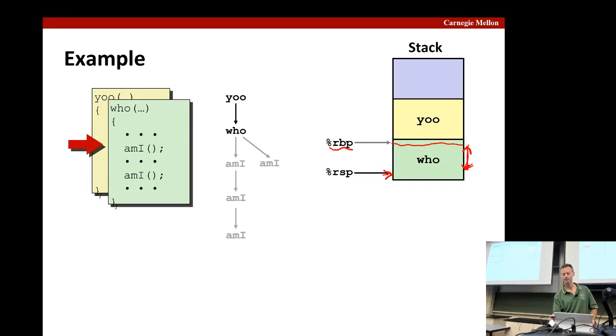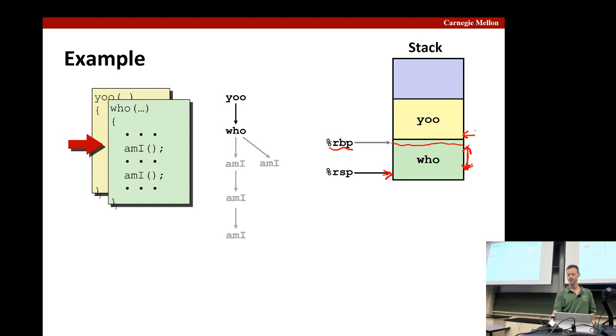If the compiler can't tell how much stuff you're going to put in here, then in order to find this return address that it needs to jump back to U, it needs to know where this frame started.